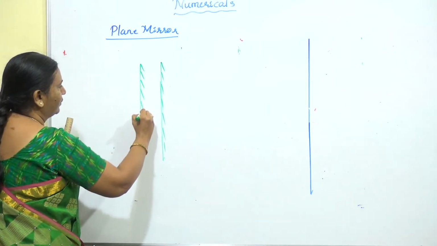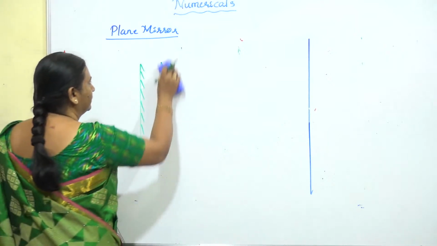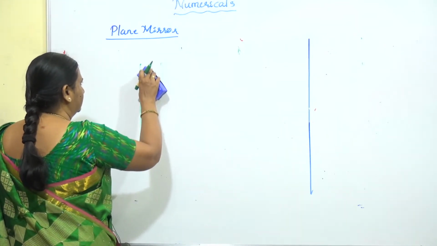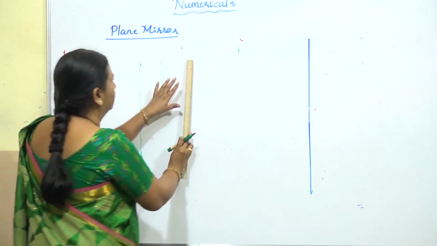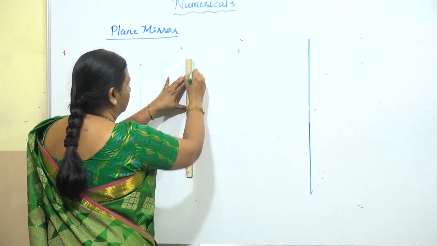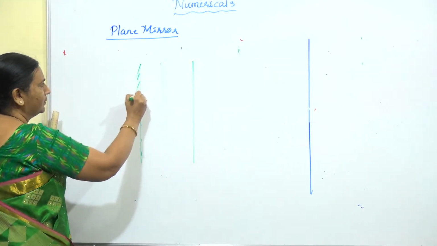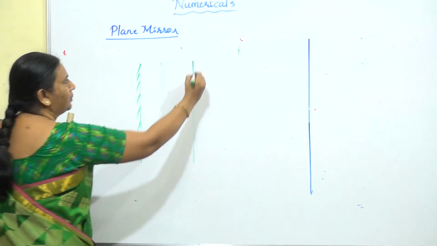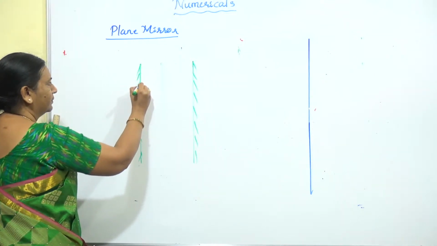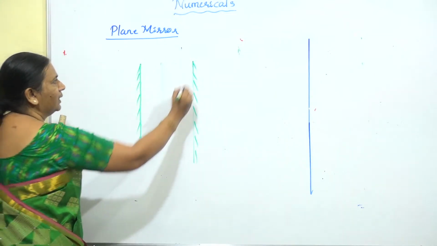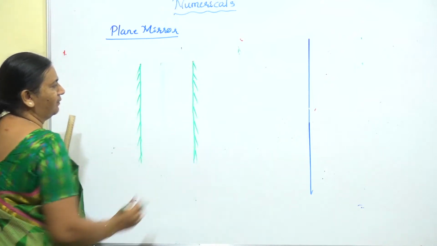Let me take this as one plane mirror. I will draw the other one a bit far. These two plane mirrors are placed facing each other. Okay, facing each other. These are the reflecting surfaces.